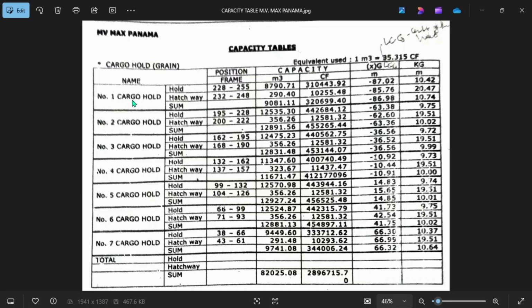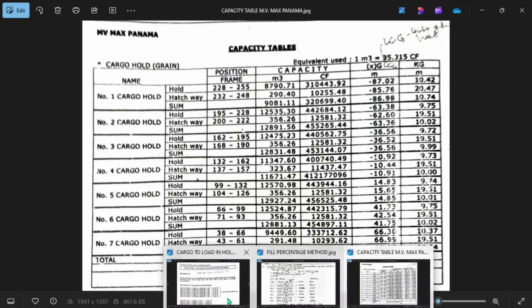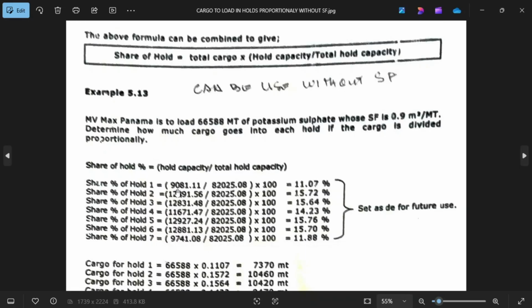In hold number 1, you have the capacity here in cubic meters. For the hold, you have this figure, for the hatchway, you have this figure, and the total capacity for hold number 1, which is the sum, is 9081.11, which is this one.